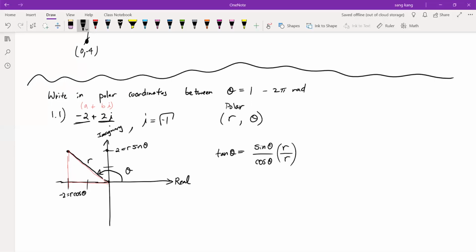So we can replace r sin theta in the numerator with 2 and the denominator with -2. So essentially tangent theta equals -1. So if we do tangent inverse of -1, this equals our theta. And if you plug this into a calculator, we get -pi/4. Okay, so this is our theta.